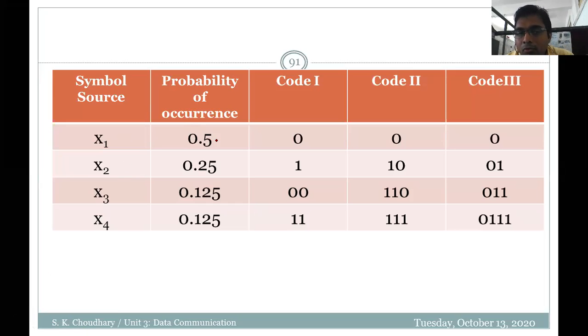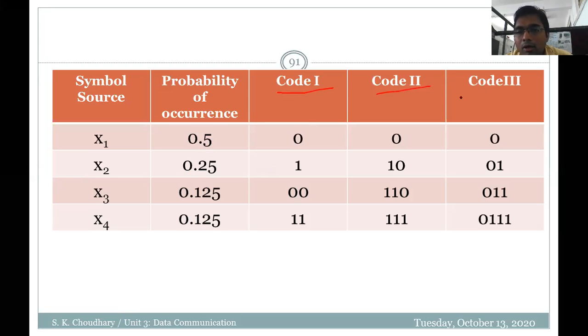We have arranged these 4 symbols in decreasing probability: x1 having the highest probability 0.5, then x2 with 0.25, and then 0.125 for x3, and x4 having the same 0.125. Now there are 3 different coding systems shown here: code 1, code 2 and code 3.